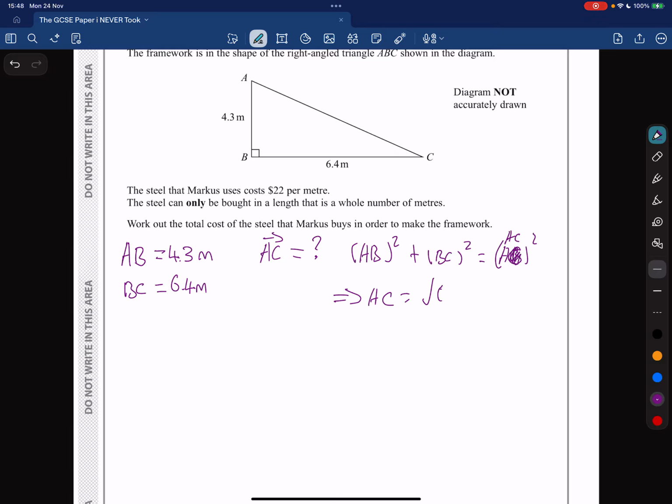AC is equal to the square root of AB squared plus BC squared, which is equal to the square root of 6.4 squared plus 4.3 squared, which is equal to 7.71 metres.